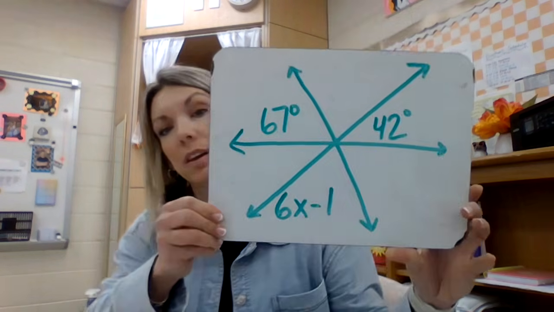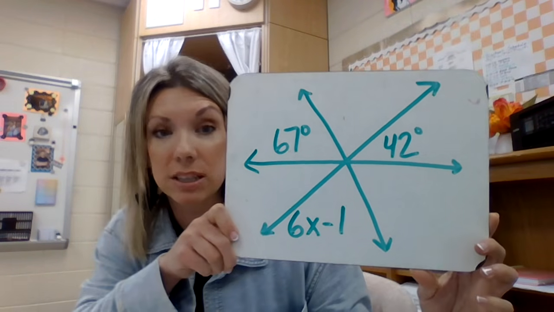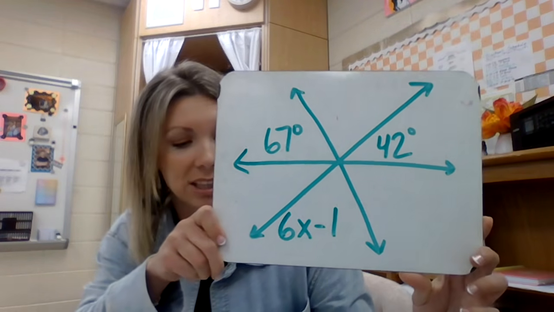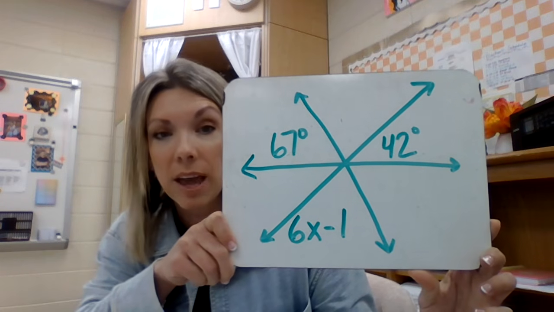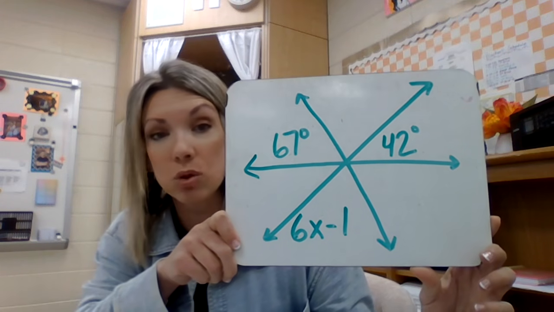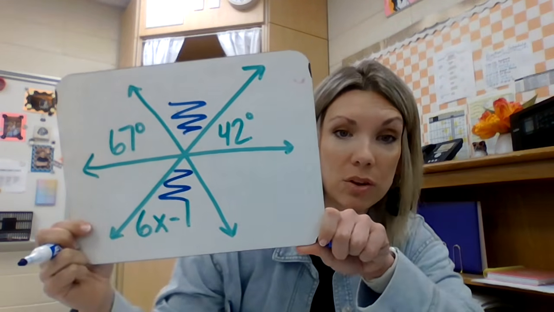All right. So this is one out of your book. It is on page 613. If you want to get your book open to page 613, this is the exact problem there. All right. Now on your worksheet, you should have learned what vertical angles were. Vertical angles are those angles that are directly across from each other. So this angle here in blue and this angle there in blue are vertical angles.